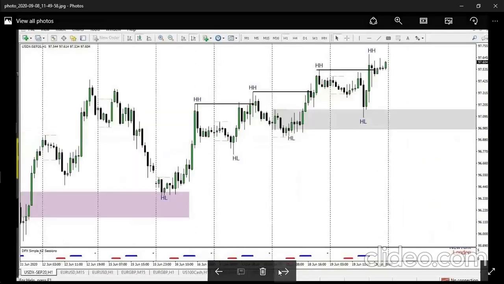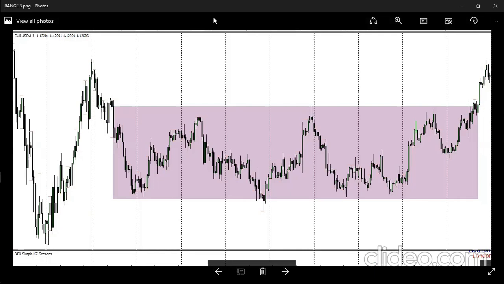And the last one is where's the range? Yeah, this is the range. Price is moving sideways, right? But this is what you call a clear range. Why is it clear? Because you can see these small structures here, low, high. The big range is this.